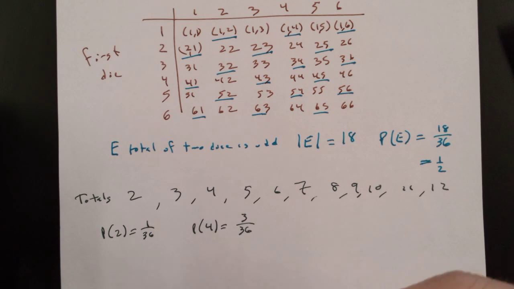But if I can count my outcomes in that fashion, using my combinations and my counting of card options or counting of dice options, I can get a better handle on what's going on. Questions?